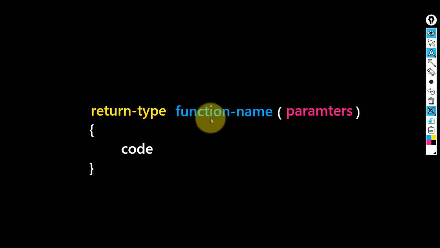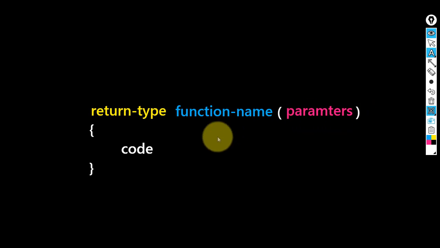In C++, if we transform that diagram into syntax, the first thing when defining a function is the return type, the type of the output value, then the function name, and then within the parentheses, the list of parameters. In our box there were two integers.